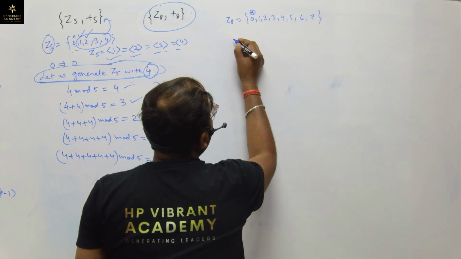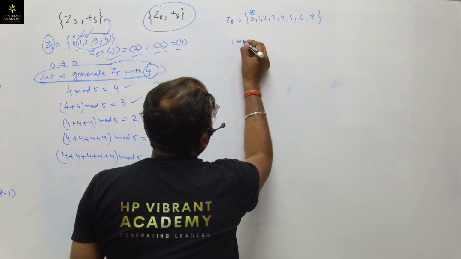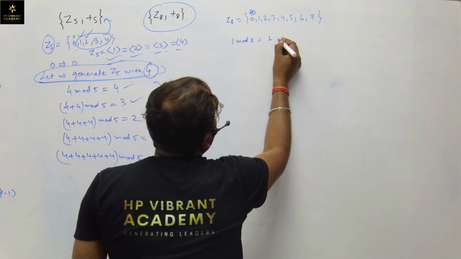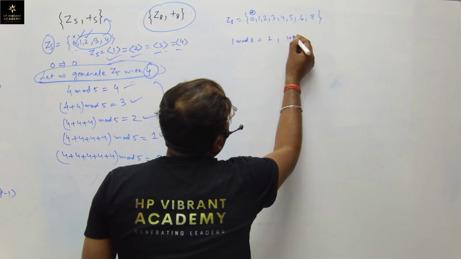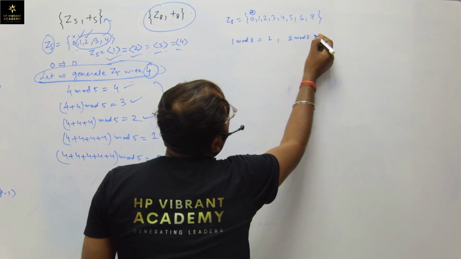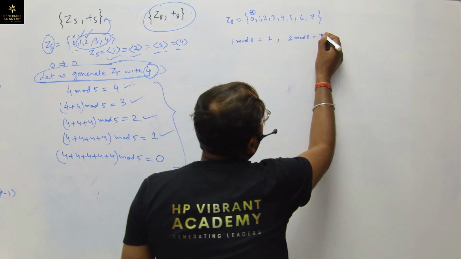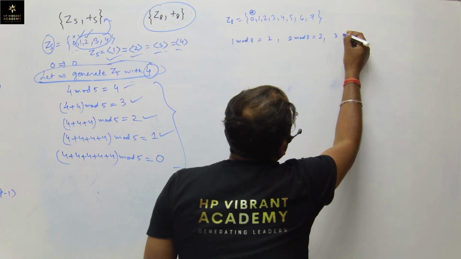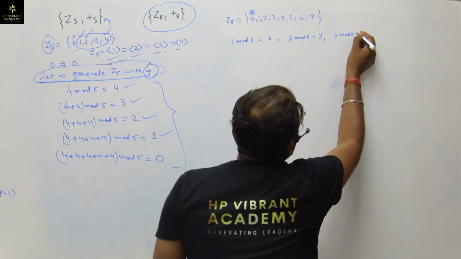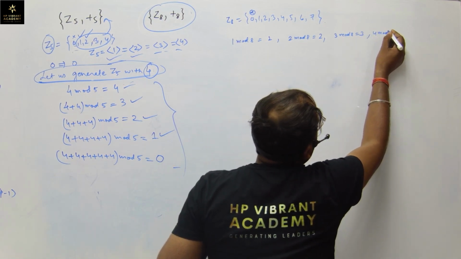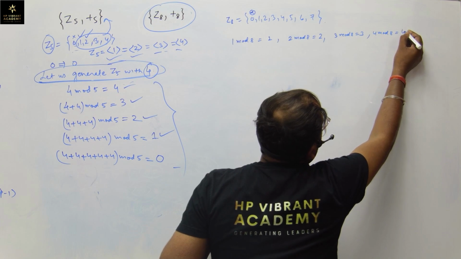Let us generate Z8 with 1. So we have 1 mod 8 is equal to 1. Similarly, 1 plus 1, that is 2 mod 8. This is equal to 2. Similarly, 1 plus 1 plus 1, so we have 3 mod 8 is equal to 3. 4 mod 8 is equal to 4.